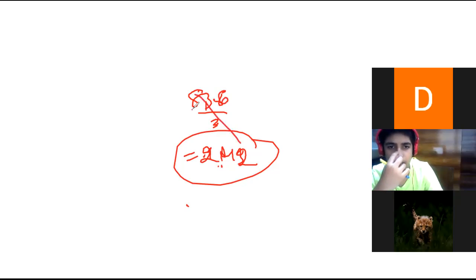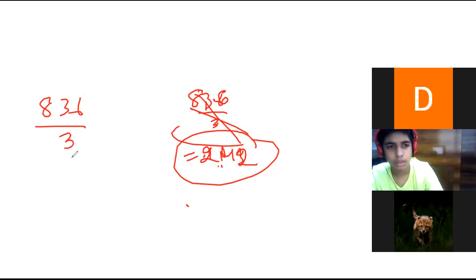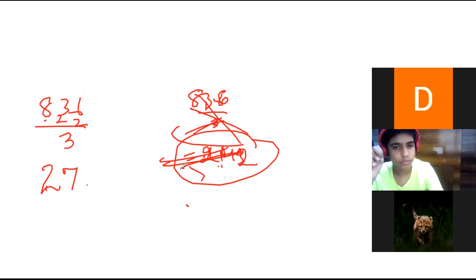No, wrong. 836 is for 3 years. It won't come perfectly divisible. 3 2s are 6, remainder 2. 3 7s are 21, remainder 2. So it's not 2, no?